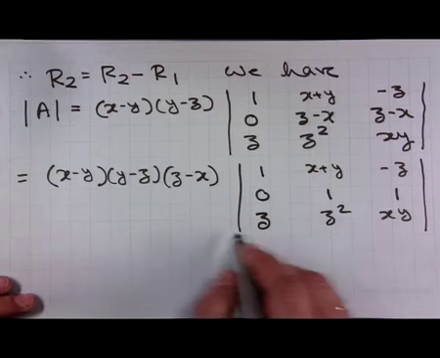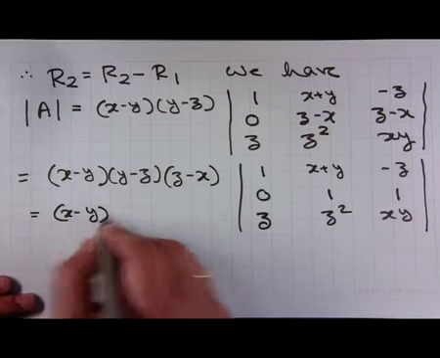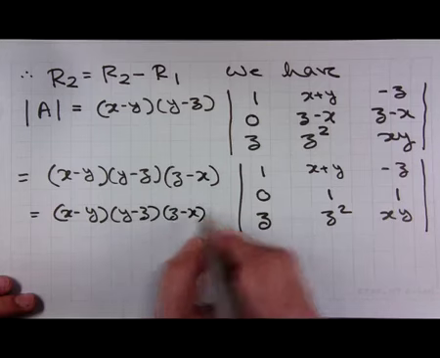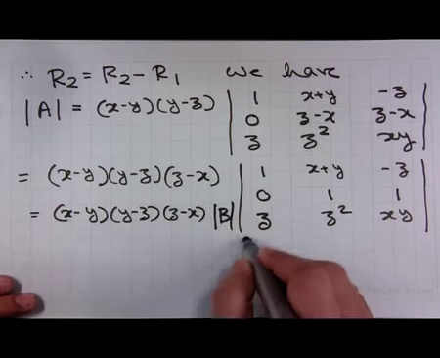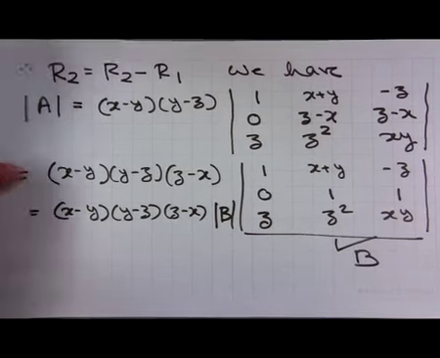What is this determinant? So, let me first write it as x minus y into y minus z into z minus x into determinant of B, where this matrix is B. So, let us calculate determinant of B.